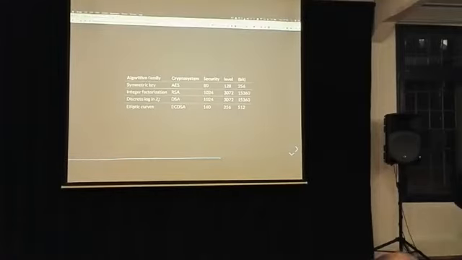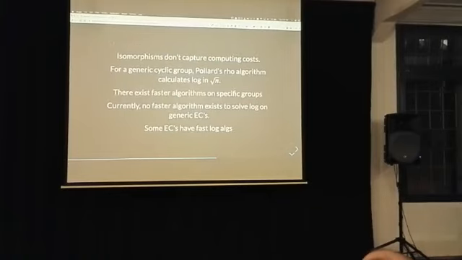So for well-chosen elliptic curves, no algorithm exists that would be better than Pollard's rho algorithm. So remember, I mentioned that Pollard's rho algorithm can solve discrete log for any cyclic group. And it can do it in root n.